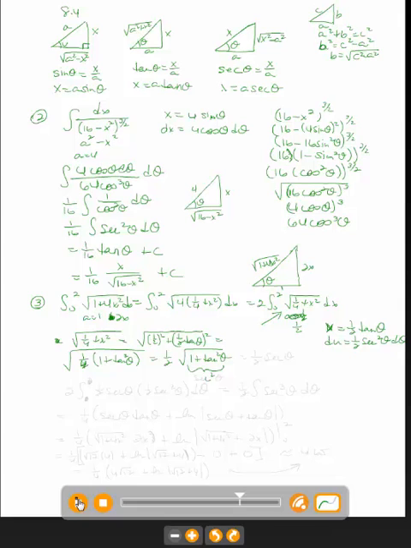But this little piece right here turns into secant squared of theta, so this becomes 1/2 secant of theta, because the square root of something squared is just something. So this whole square root piece that we're working with is this guy right here. That's what we just worked out.